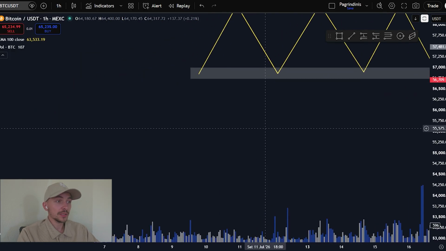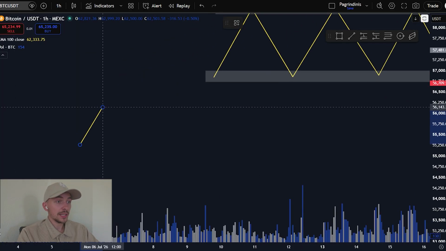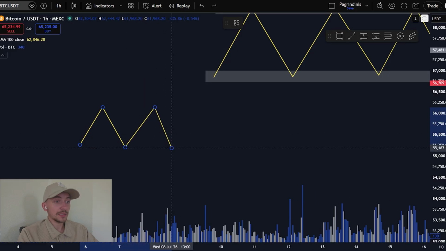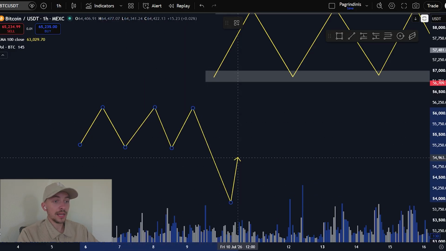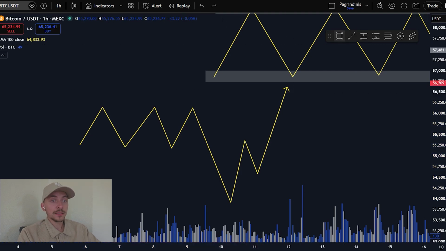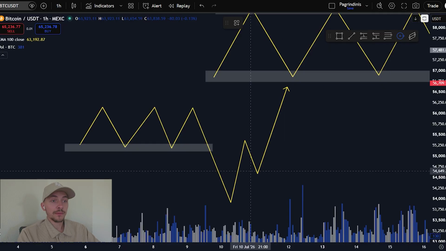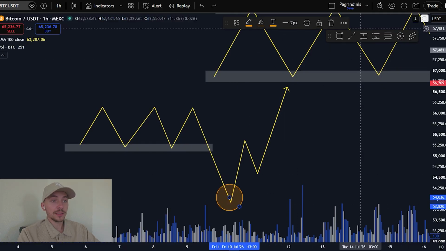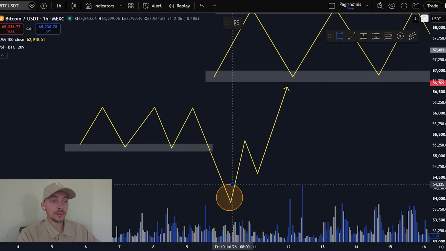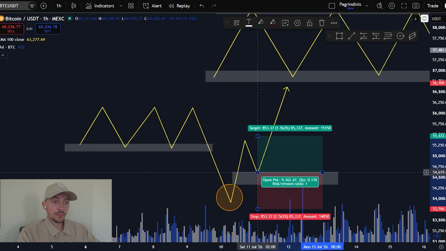Another example is with the fair value gaps. We talked about that, and we have something like this. The price is going up and down. So we have our support zone, we have our lowest point, the liquidity gap, we have our fair value gap, and in this case we put our entry point, and where to put our stop loss?